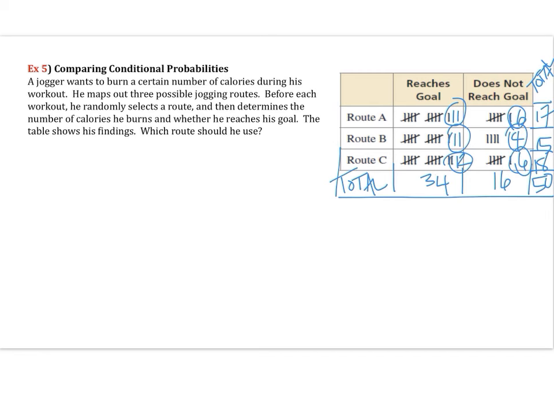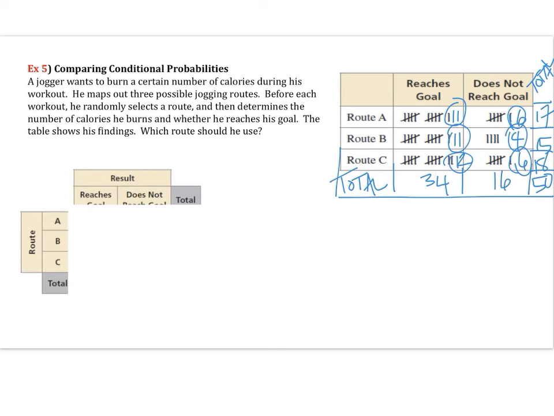So across the top, we'll have the results of reaching the goal and did not reach the goal, and then along the left side, we'll have the 3 different routes. And then we have our totals. So to reach the goal and did not reach the goal, we would get our joint frequency values, which reaching the goal route A would be decimal 2.2, and that's figured out, remember, with the 11 for reaching the goal route A divided by total is how you get the decimal 2.2.